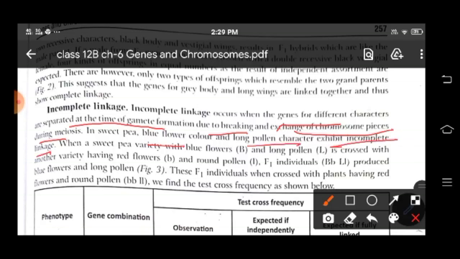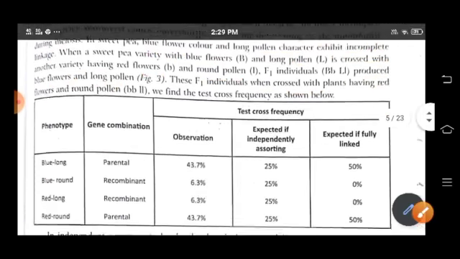When a sweet pea variety with blue flowers and long pollen is crossed with another variety having red flowers and brown pollen, individuals produced have blue flowers and long pollen in F1, and when these F1 individuals are again crossed with plants having red flowers and brown pollen, we find the test cross frequency in this table.